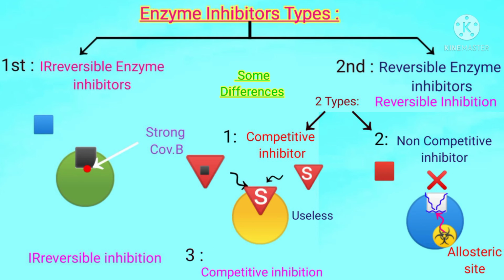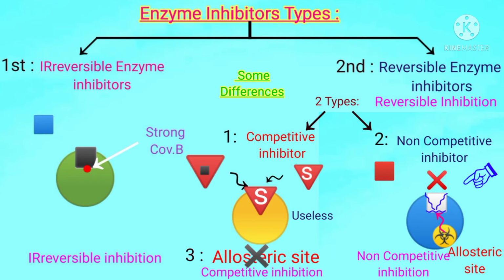The third difference between the competitive and non-competitive inhibitor is that in the case of competitive inhibition, the enzyme does not contain any allosteric site, whereas in the case of non-competitive inhibition, the enzyme has an allosteric site. So students, these are the three major differences between the competitive and non-competitive inhibitors.